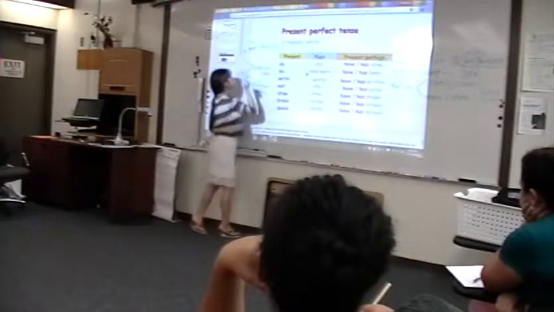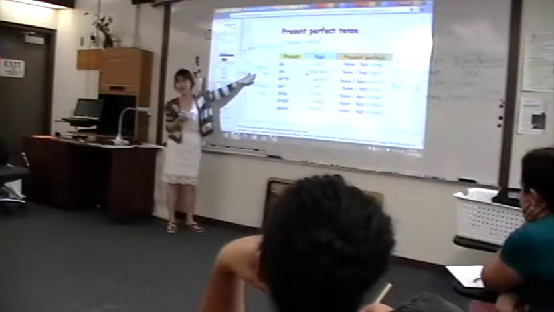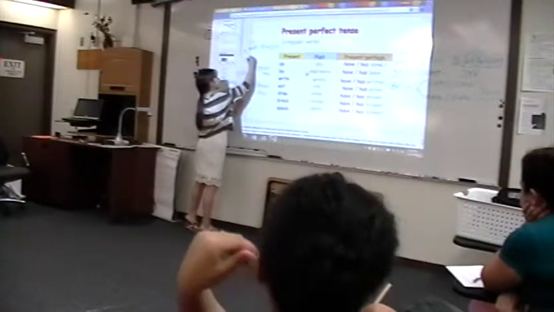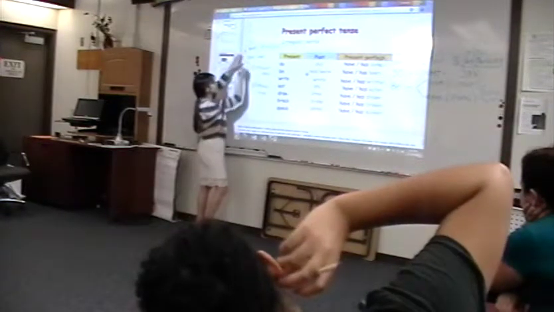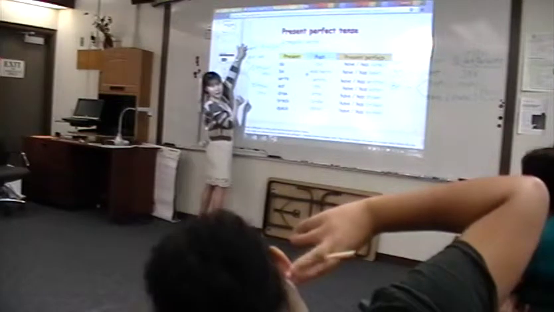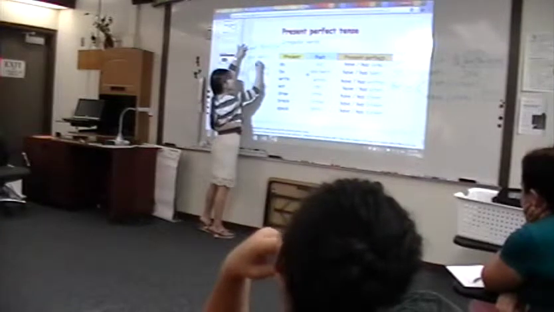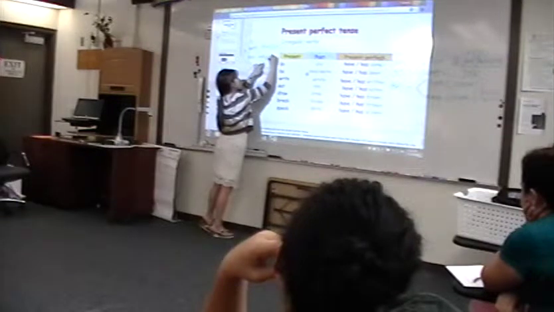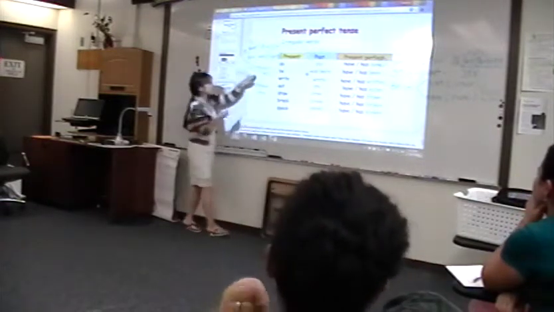Can someone bring up an example of a regular verb? Walk. Right. And then it's walked. Good job. This is the base form of the verb, right? And because it's a regular verb, we just put ed at the end for the second and the third verb. You just need to remember, put ed at the end for regular verbs.